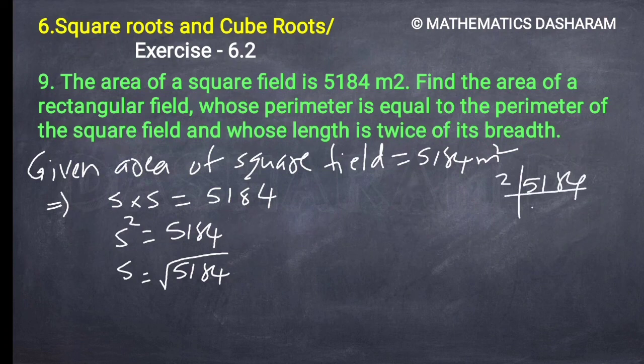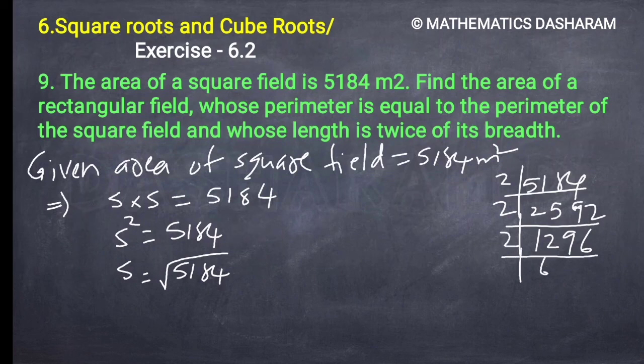2 table: 2 2s are 4, 1 remainder, 2 5s are 10, 1 remainder, 2 9s are... Again 2 table, 2 1s are 2, 2 2s are 4, 1 remainder, 2 9s are 18, 2 6s are 12, 2 4s are 8, 2 8s are 16. Again 2 table.